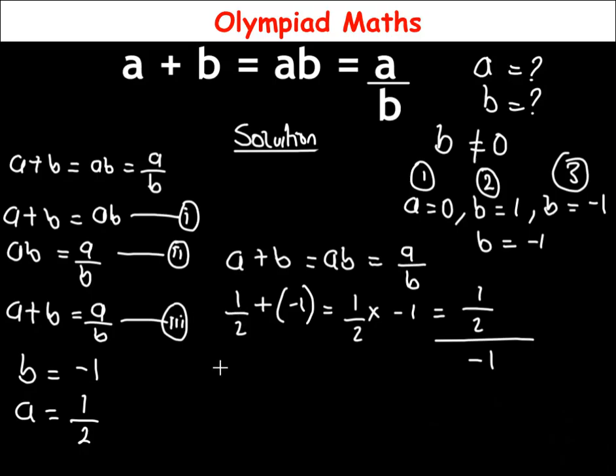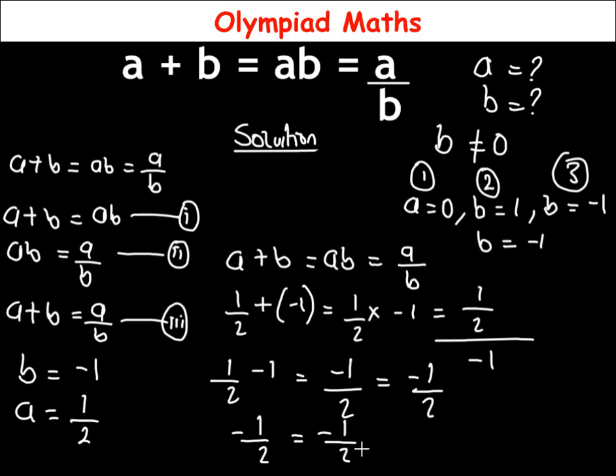So we have it that 1 over 2 plus minus 1 is minus half, which is equal to 1 times minus 1 over 2, which is minus half, which is equal to half over minus 1, which is minus half. So as you can see, the value that we got satisfies the equation.